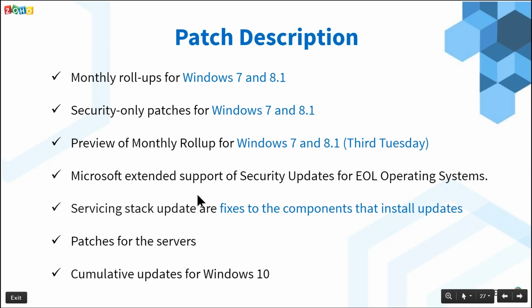I would also like to let you know that Microsoft extended support of security updates for EOL operating systems. We also service stack updates, which are fixes to the components that have been installed. And we also provide support for servers. The major part over here is Delta, Cumulative, and Feature Pack, which are the major updates for Windows 10.